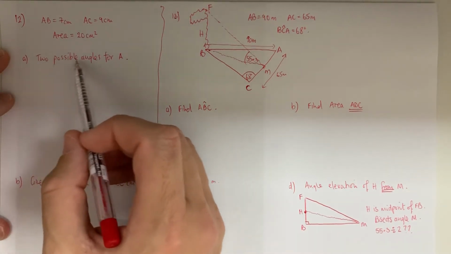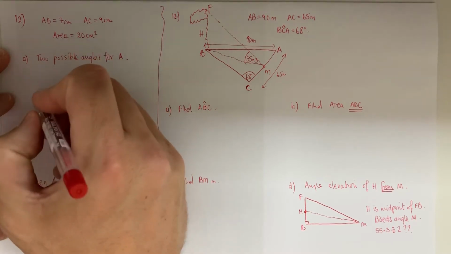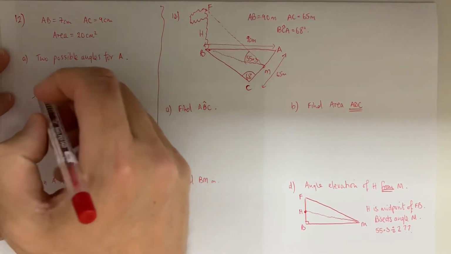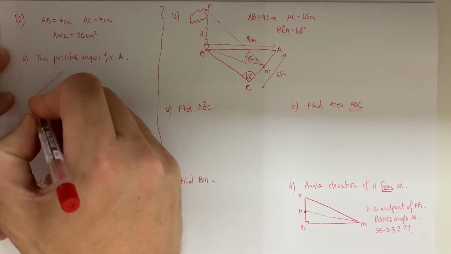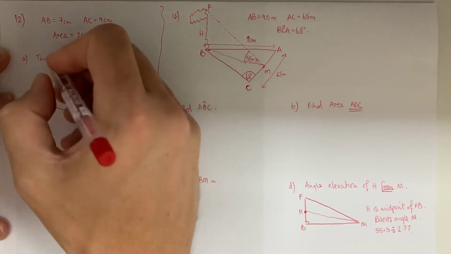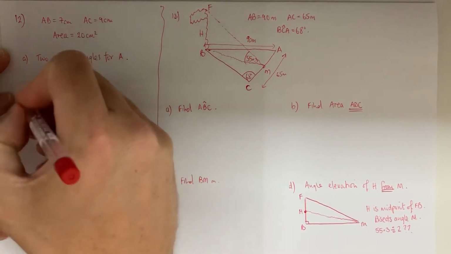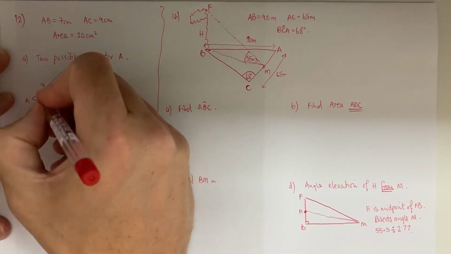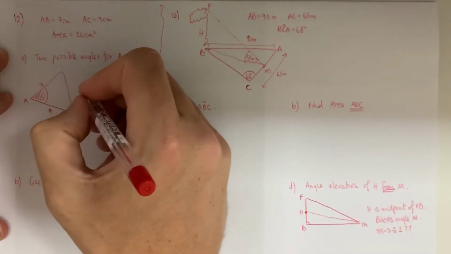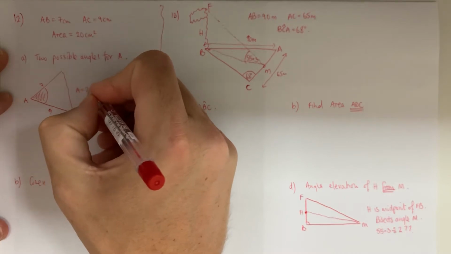So what are the two possible values of A? If I was to just draw a triangle, then AB would be here, AC might be here, but longer, 9, 7. I don't know the angle at A, that's what I'm trying to find, and then it's telling me that the area is equal to 20.